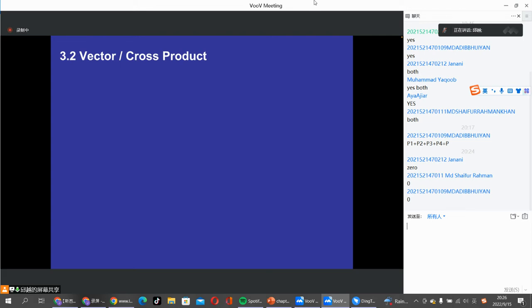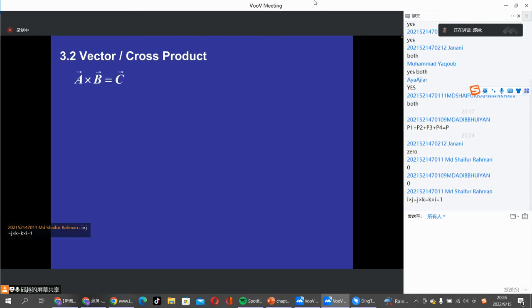The cross product is also an important part of vector multiplication. We use this symbol, cross, implying A cross B equals a vector C. And the cross product has direction.